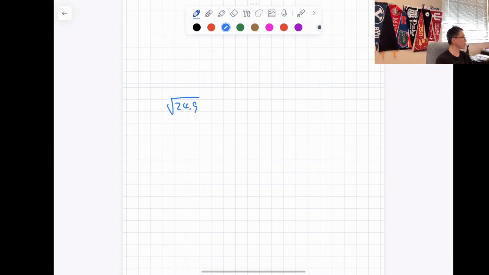How do they approximate the square root of 25, or 24.9? A lot of times competition tests have questions like this, because you're not able to use a calculator. This is a question I didn't give you last year, but it's on the competitions.